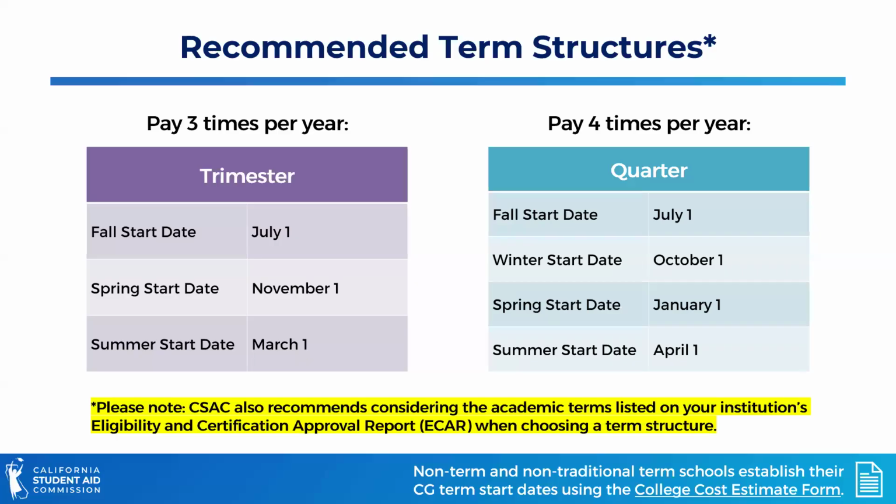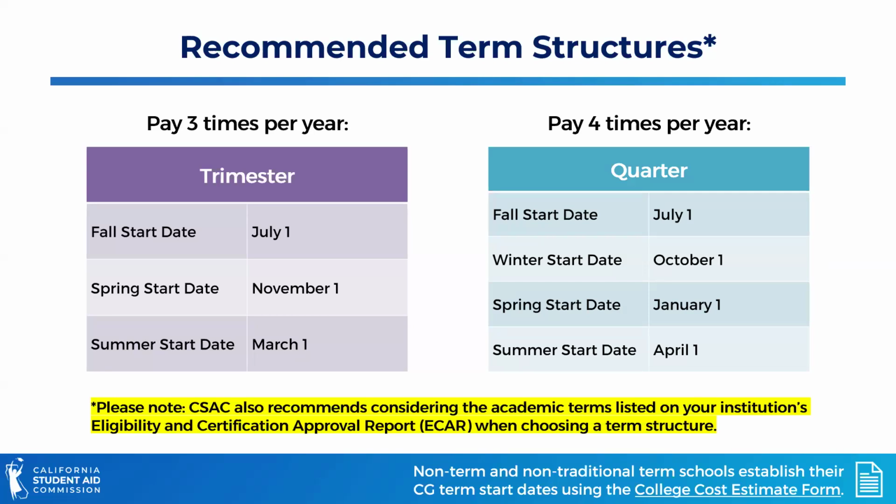If you're a brand new school, we're going to advise you that way because your e-CAR may say that you have a quarter program or a semester program, trimester, whatever. So again, non-term schools, even though they don't have set terms, they do have to establish Cal Grant terms because Cal Grant operates on a traditional term structure.